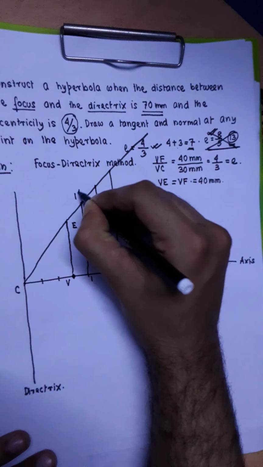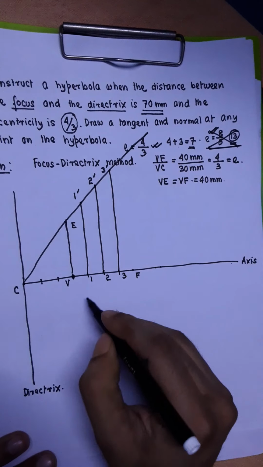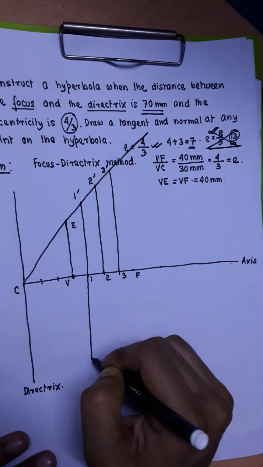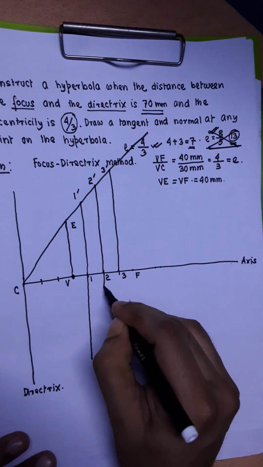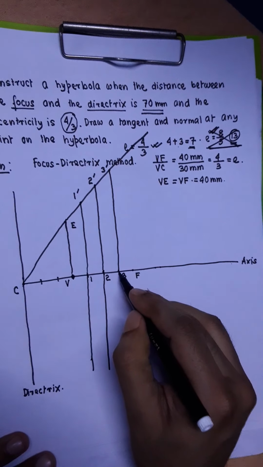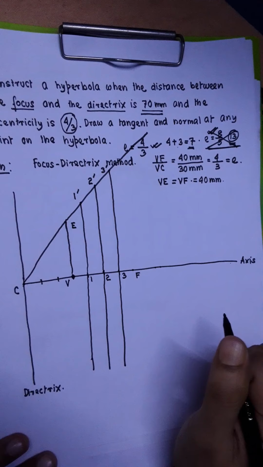This point we call as 1 dashed, this point we call as 2 dashed, and this point we call as 3 dashed. And after that you extend 1 dashed towards the other side of the axis, you extend 2 dashed towards the other side of the axis, and extend the line 3 dashed in the other side of the axis.